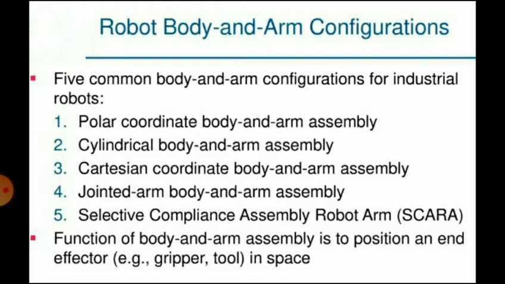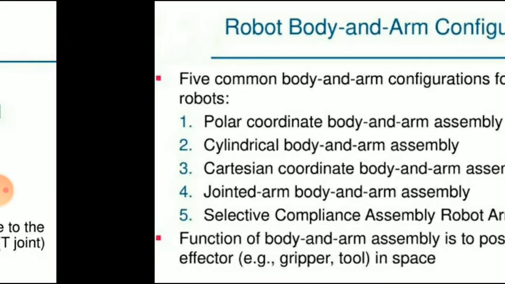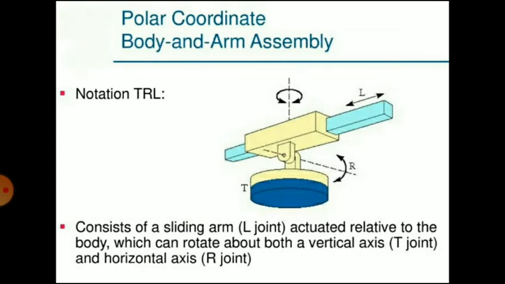And fifth, selective compliance assembly robot arm, that is called SCARA. The function of the body and arm assembly is to position an end effector, for example a gripper or tool, in space. The first configuration is the polar configuration.